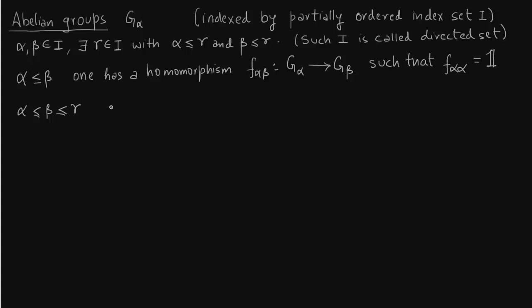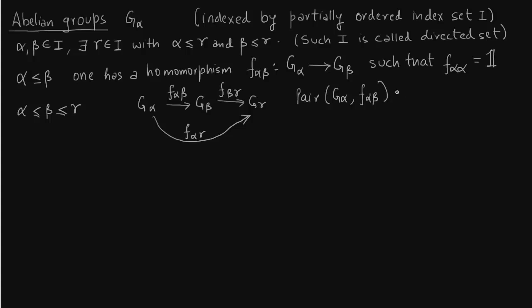So if we have something like this, alpha is less than or equal to beta is less than or equal to gamma, we get the following commutative diagram. So we could go from G alpha to G gamma via F alpha gamma or via F alpha beta and then F beta gamma. So F alpha gamma is a composition of F alpha beta and F beta gamma. So this data like this, which is just given now, is called a directed system of groups.